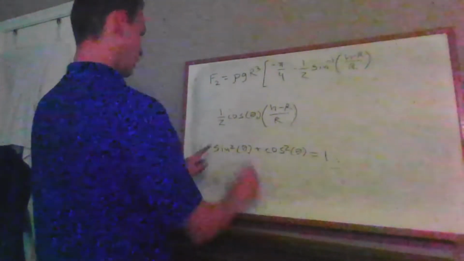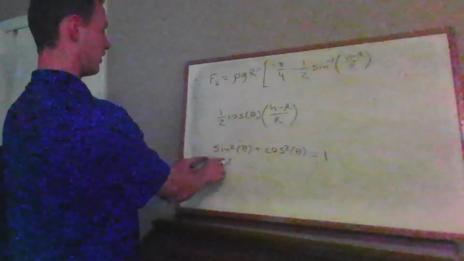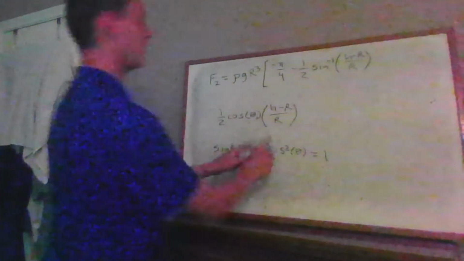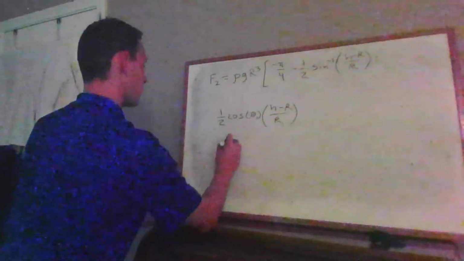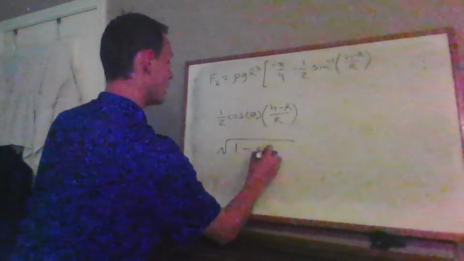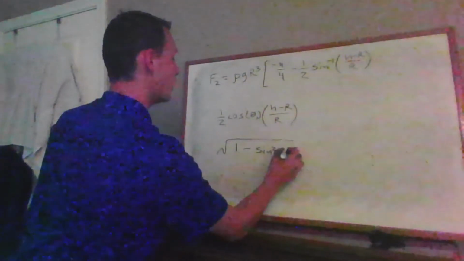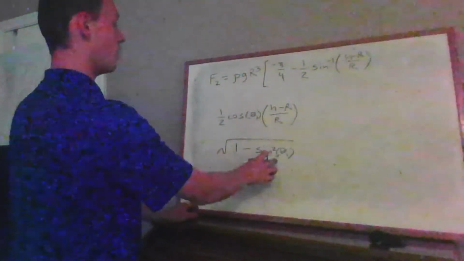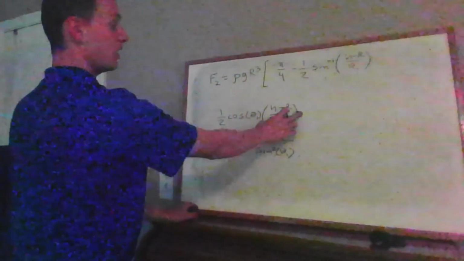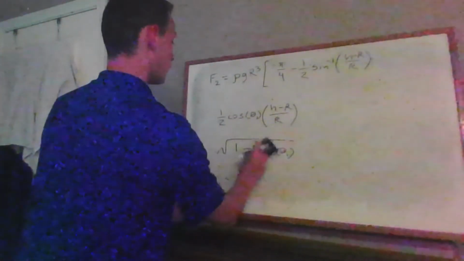From there, we can subtract sine squared theta from both sides, and then take the square root to get cosine theta. Okay? So let's think about what that would be for us, right? It's 1 minus sine squared theta 1, okay? And we know that sine theta 1 is this term here, h minus r over r, right?